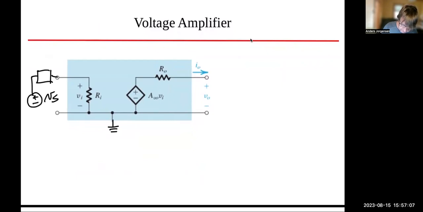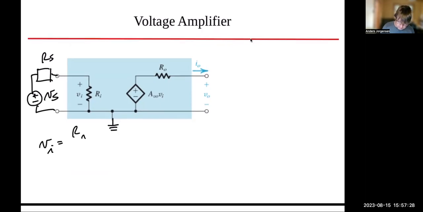I'm going to call that VS and RS, okay? And now the voltage VI in this case is going to be equal to the voltage division of VS between RI and RS, times VS, like that, okay?